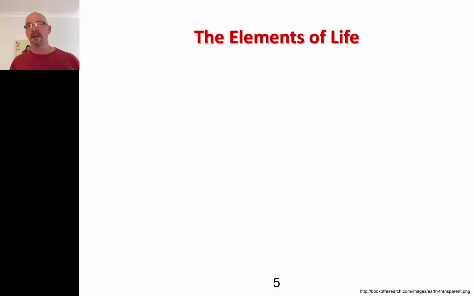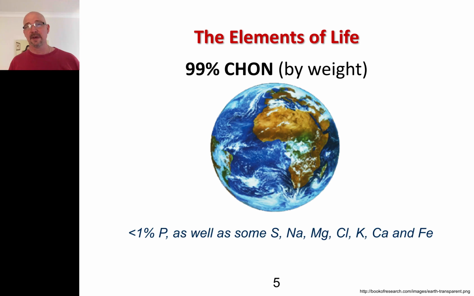So, what are the Lego blocks of life? If we take a look at the Lego blocks of dogs and cats and humans and everybody else, there's basically 4 major elements that make us up: carbon, hydrogen, oxygen, and nitrogen.